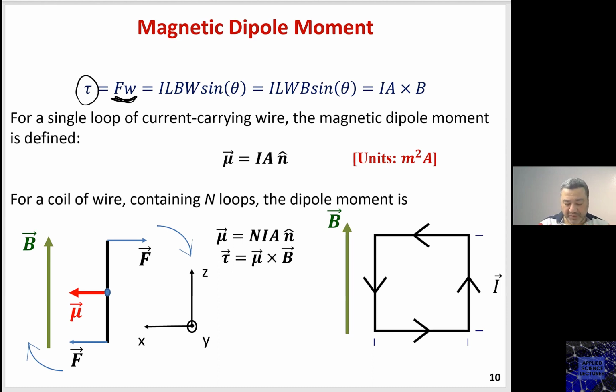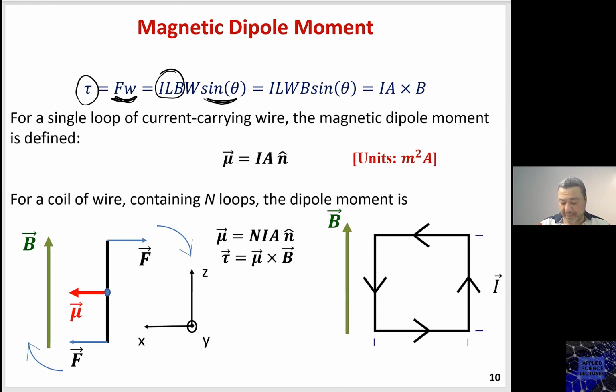And what is this force? This force is ILB at that point. However, if I am to include every position, then I have to include the sine theta between this length W and this force.